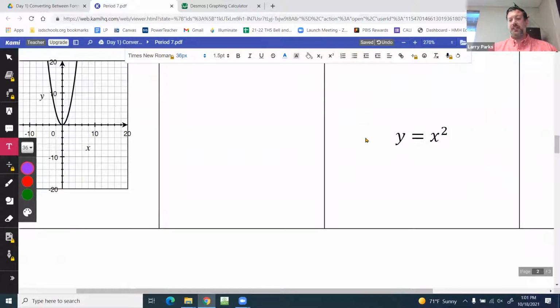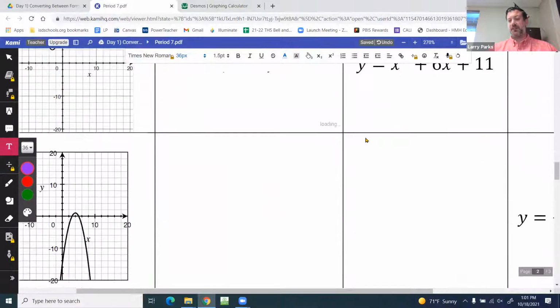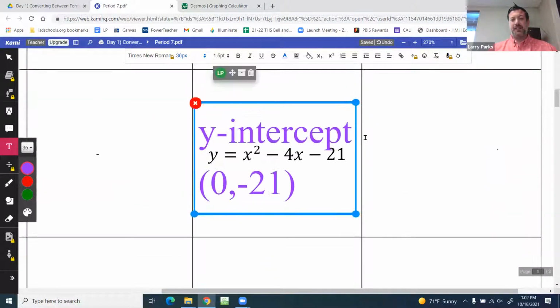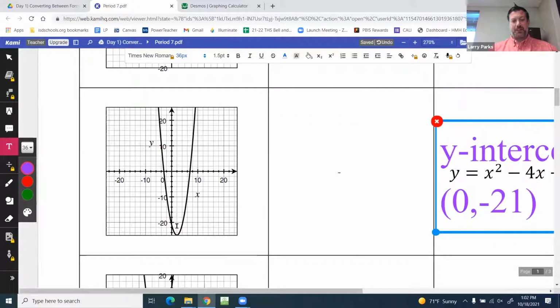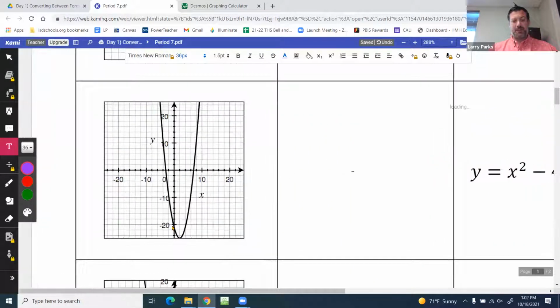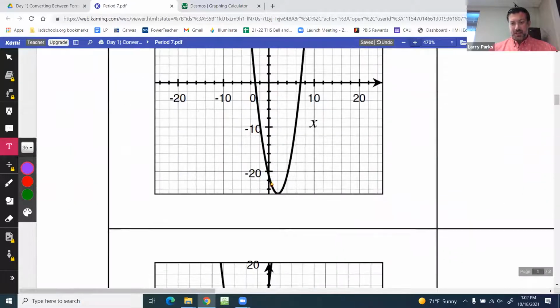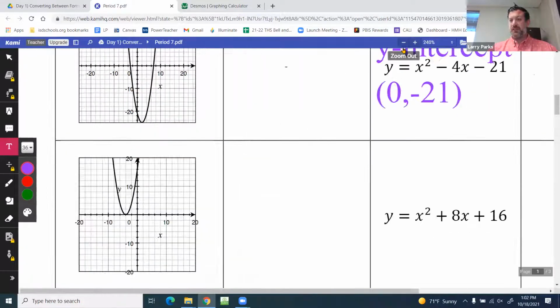And then, those are all standard form. Intercept form, oh, and I forgot. If I look at my graph, notice that the y-intercept is -21, okay? So that is one thing standard form is good for.